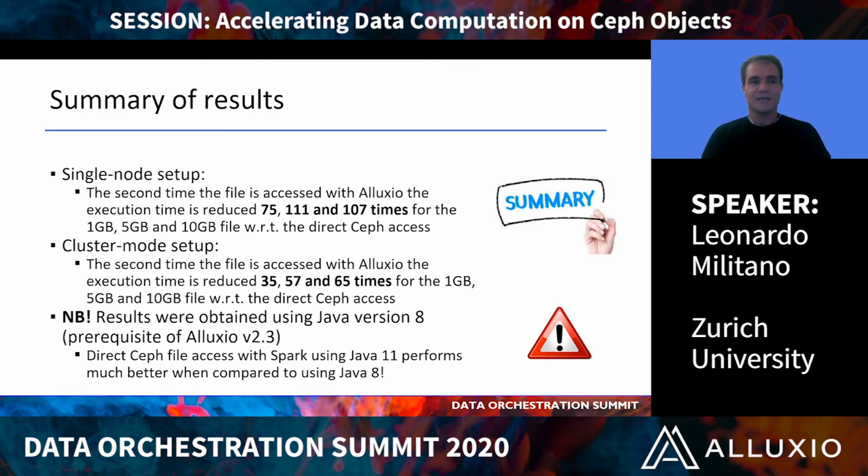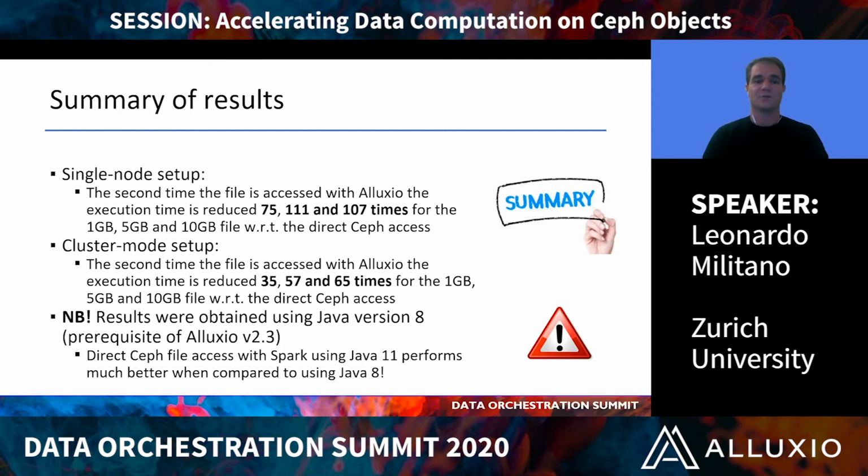By chance, in a way, we discovered an interesting result, because when we set up a new cluster with Spark, accessing directly the backend storage, so accessing directly Ceph, by default, when you install Java, the default version is now Java 11. And we observed that Spark, or the application, was performing much better.